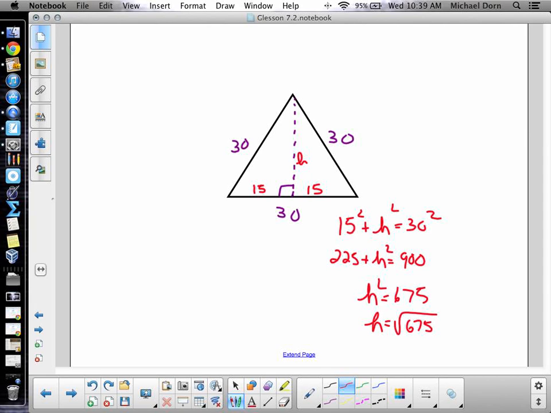And the square root of 675 is 225 root 3, or 15 root 3.